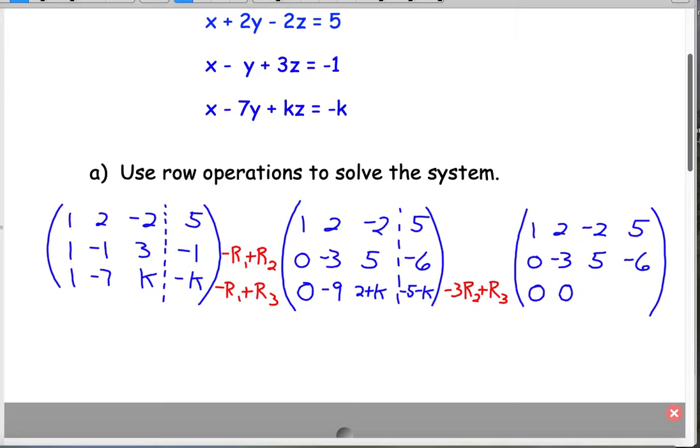And then -3 times 5 is going to be -15 plus 2 plus k is going to be k minus 13. And then I'm going to do -3 times -6, so 18, plus -5 minus k, so it's going to be 13 minus k.